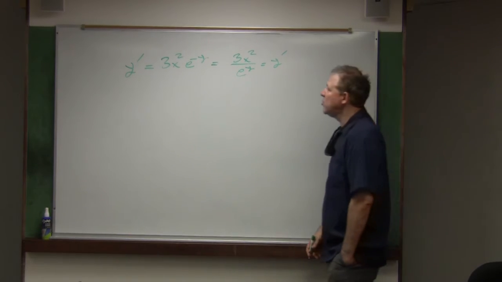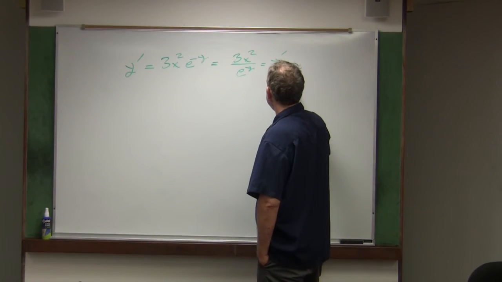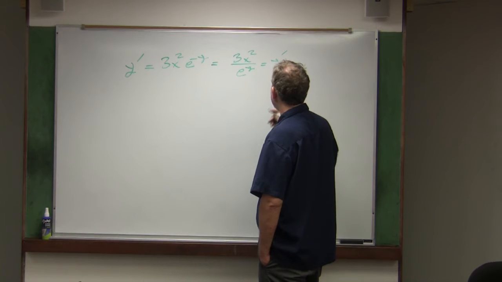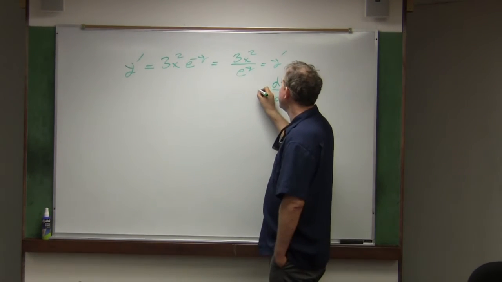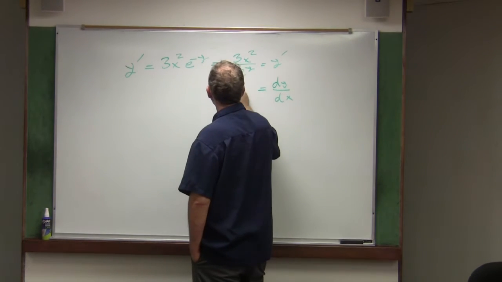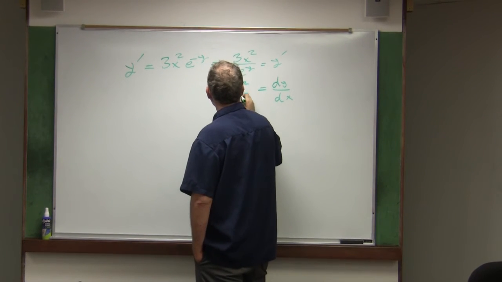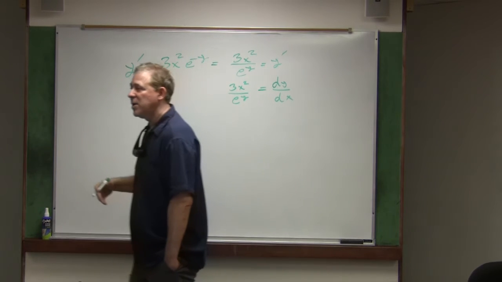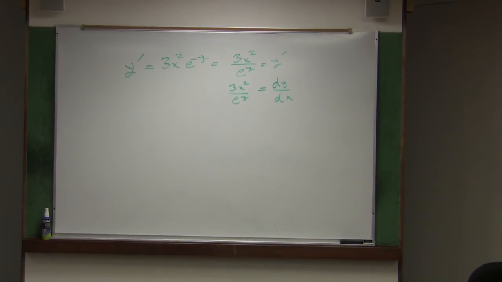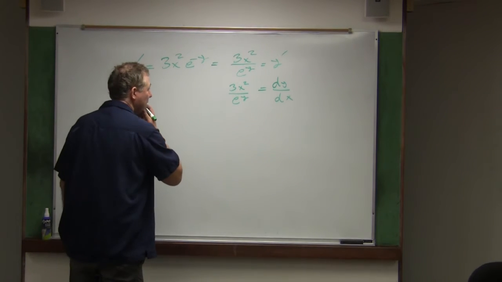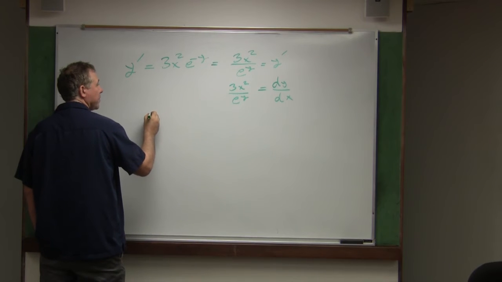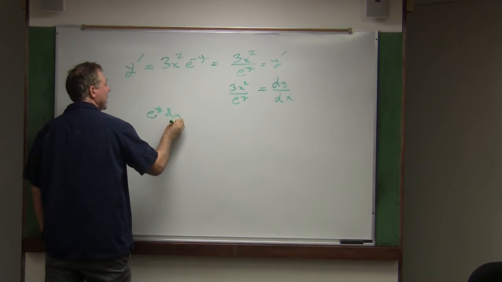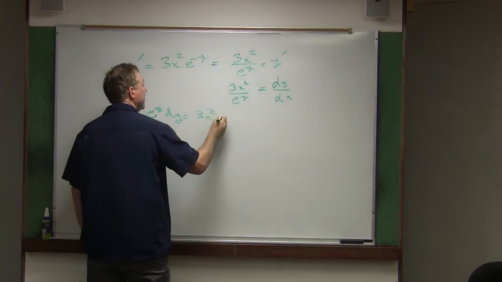So what I'm going to do is use the notation dy over dx instead of y prime. I'll make use of this convenient notation here for the derivative. And I'm going to set that equal to 3x squared over e to the y. And then I'm going to separate and then anti-differentiate. So I separate, in other words, I get e to the y dy is equal to 3x squared dx.